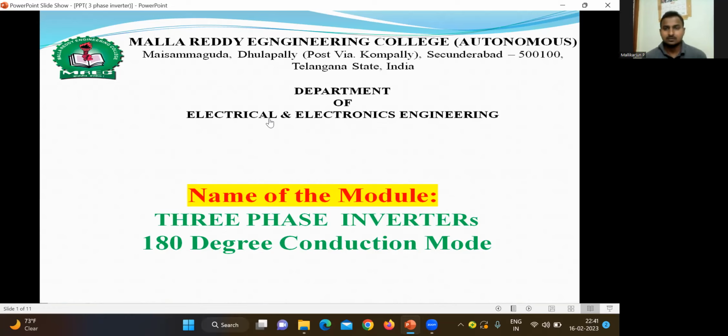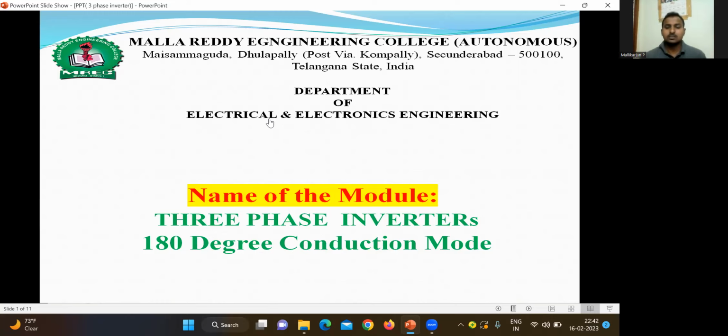Coming to the three phase inverter, the input is a single battery, a single supply, only a battery that we can use. At the output side, that is the AC side, the load side, it is three phases. We need three phases. Three phase inverters are again of two types: 180 degrees conduction and 120 degrees conduction.